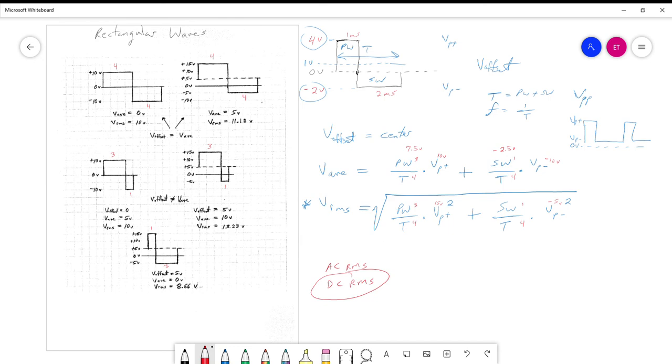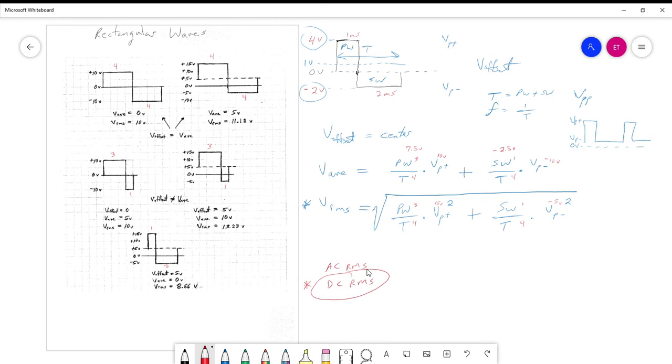I think I'll have to research that a little bit. This is the one that's going to be the true RMS. You can think of it as direct coupled RMS. That means the DC RMS is going to include everything that's in that waveform.